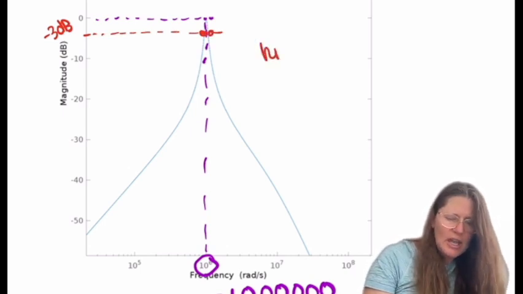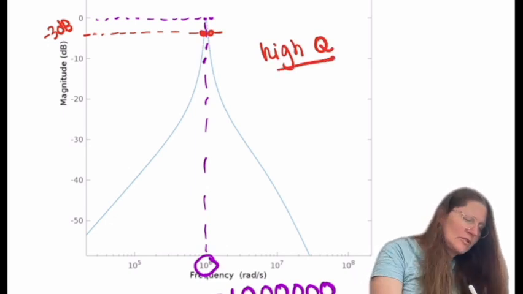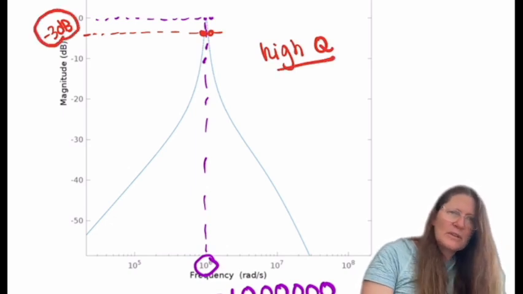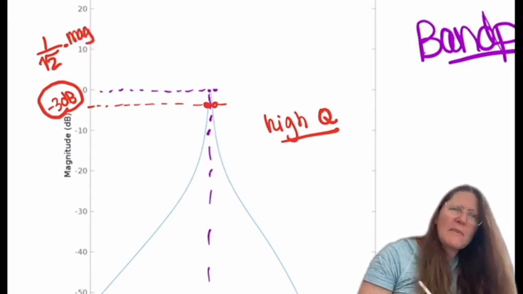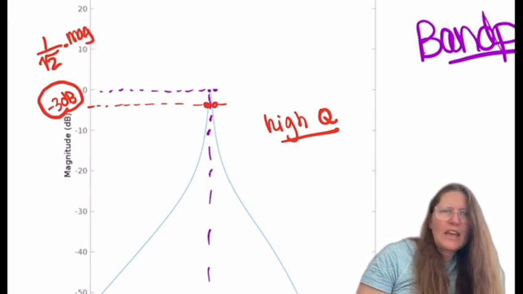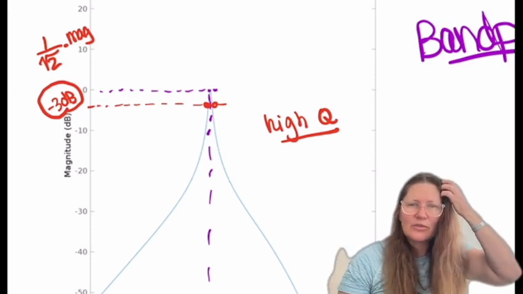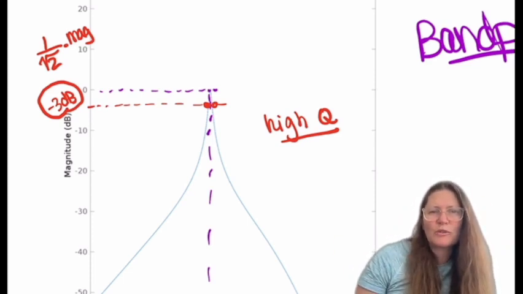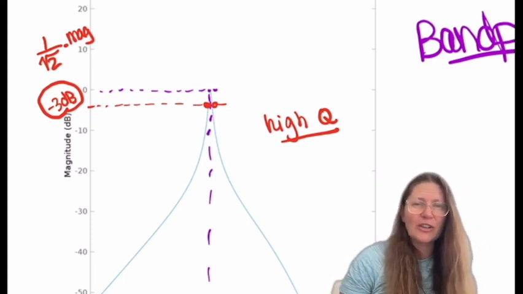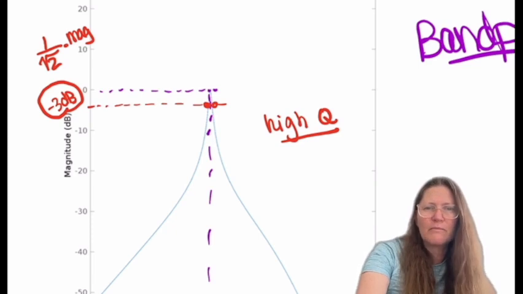So this would be a high Q. So remember, this minus 3 dB comes from the 1 over the square root of 2 times whatever peak magnitude it is. And that value is 3 dB once that 1 over square root of 2 volt per volts is converted. And again, that's your RMS value. So that's why we use that value there.